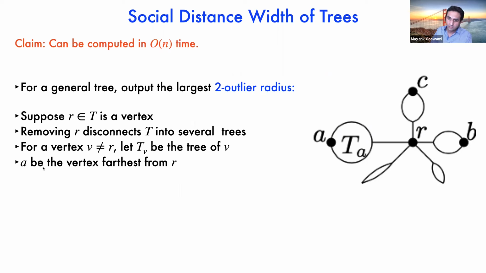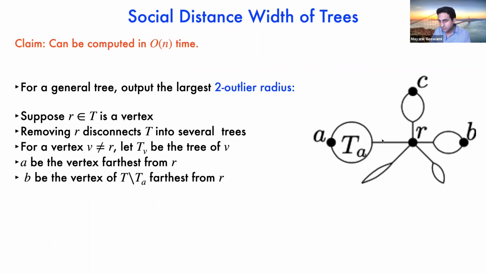So we'll have A be the vertex that is farthest from R in the tree, and B be the vertex in the complement of TA that is farthest from R. So if you remove the entire tree that A lies in, the vertex that is then farthest from R we call B. This is analogous to the second longest spoke in our version of the star.